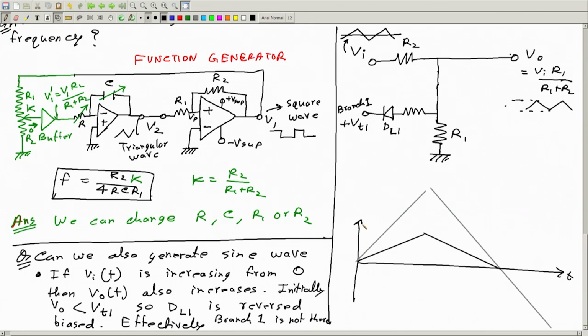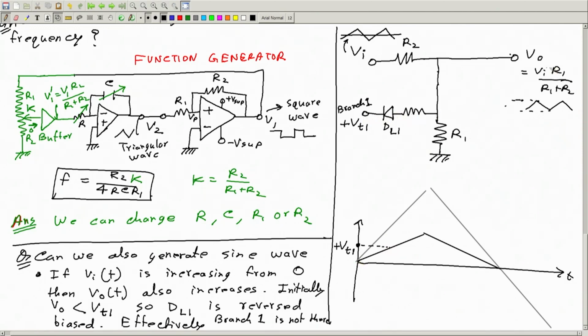And say this height represents the value plus VT1. So until this output goes to this level, this voltage is lower, this is higher, this is reverse biased, effectively this branch is not there.